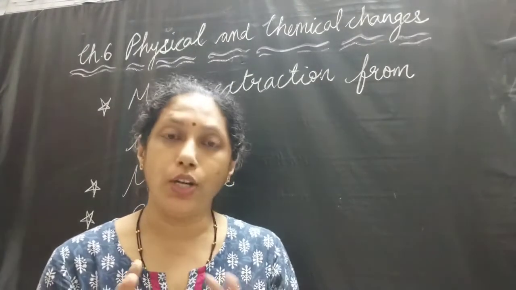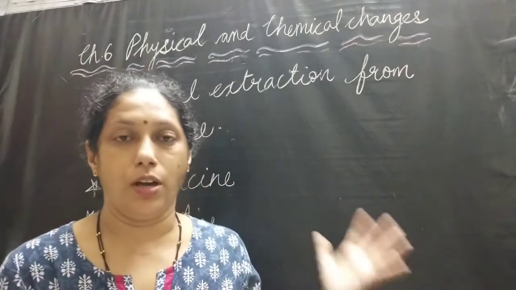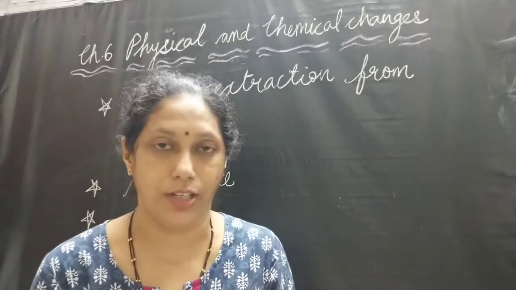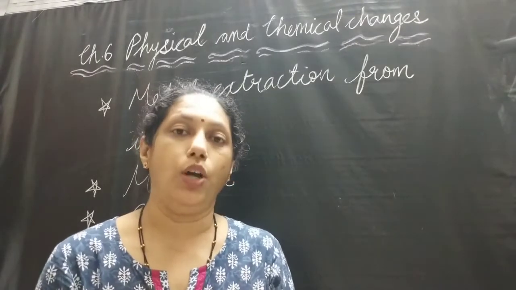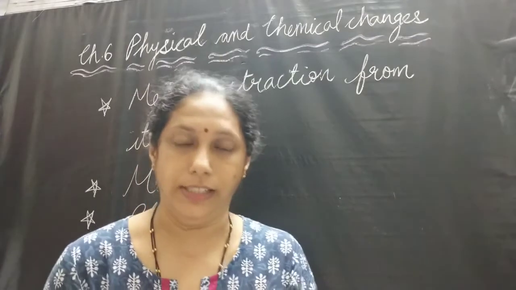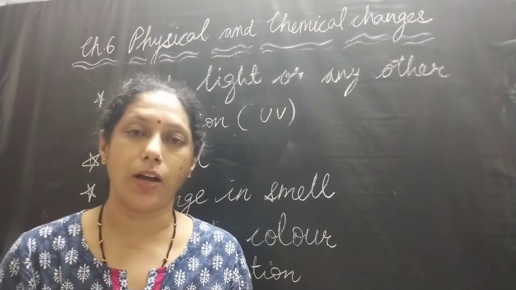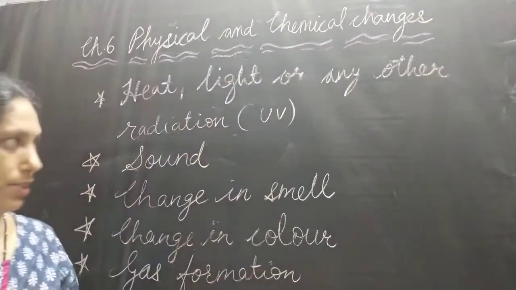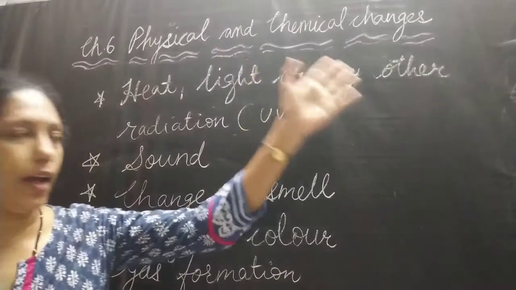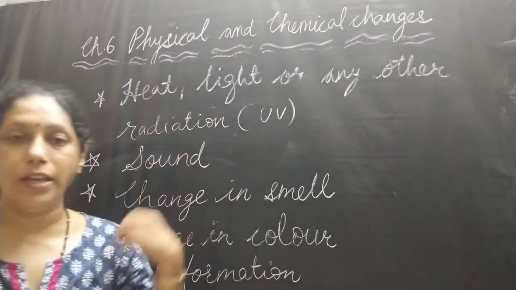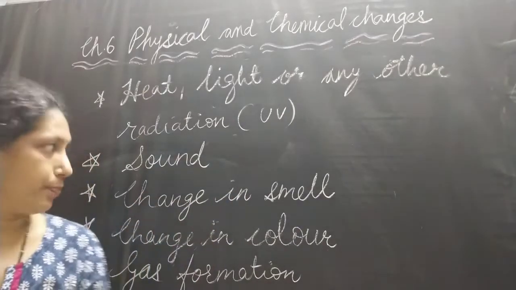But not only new substance formation happens in chemical reactions, other changes also happen. Now we will see what changes occur during chemical reactions. In addition to new products, a chemical change may be accompanied by these changes. Heat, light, or any other radiation, for example ultraviolet radiation, may be given off or absorbed.